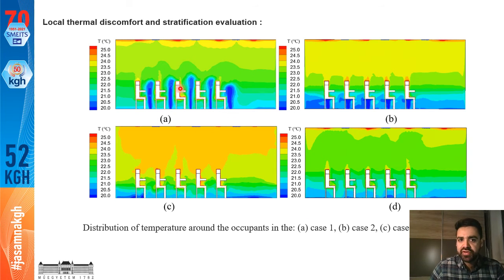Obviously, in the cases where the diffuser was under the seats or in front of the seat, we could see cooler air, and then a little bit more dissatisfaction in terms of hygienic comfort. While in the cases where the diffuser was in the corridor or in the wall, there is, I think, quite a more comfortable situation.